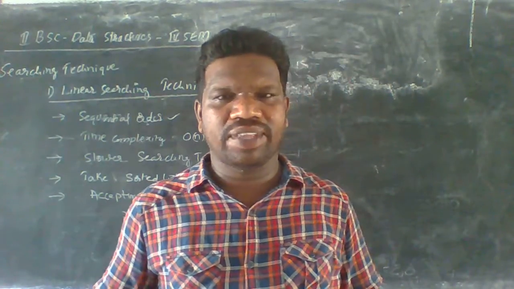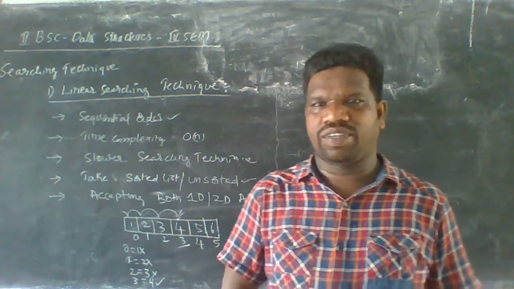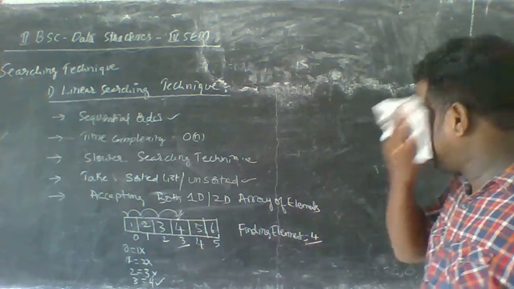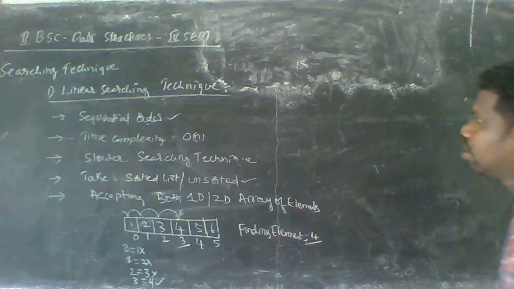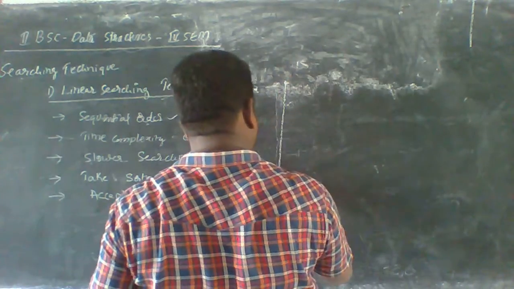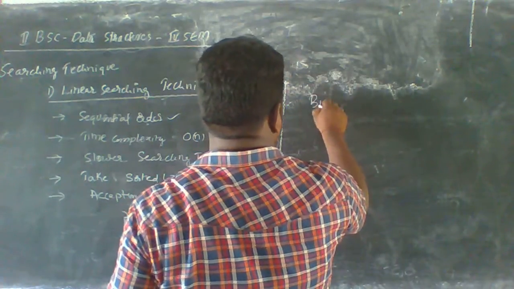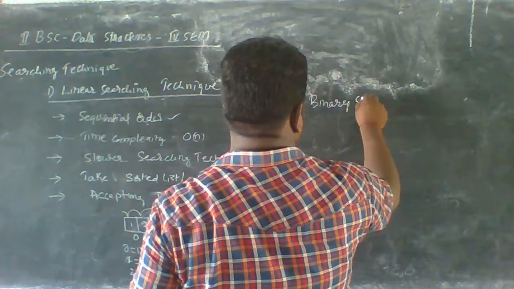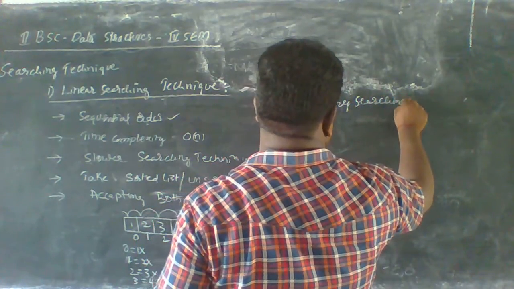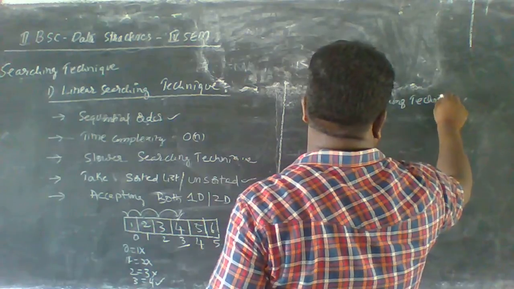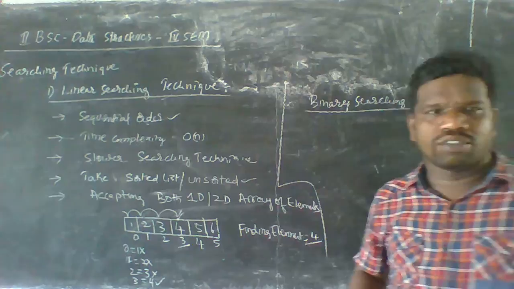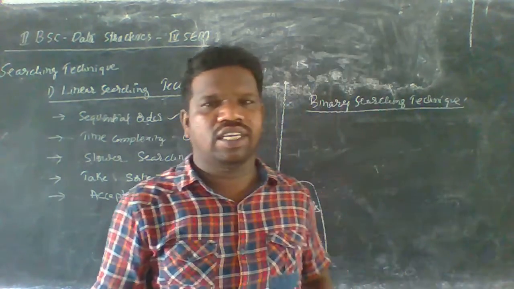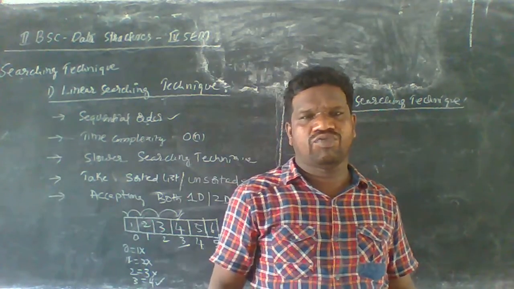Now I am going to compare with another searching technique, that is what we call the binary searching technique. So the binary searching technique is one of the techniques, and it is also used to find the given number.